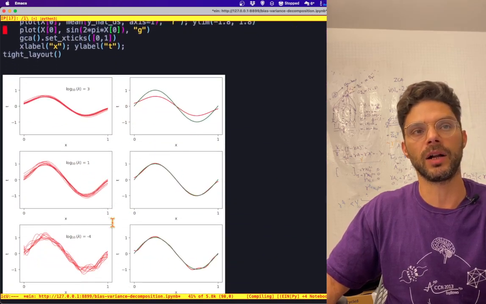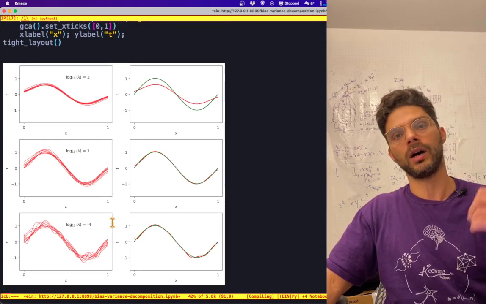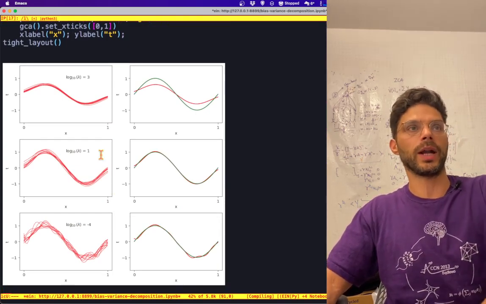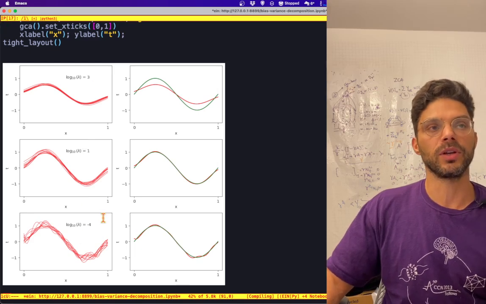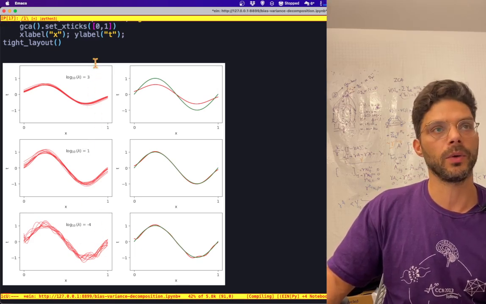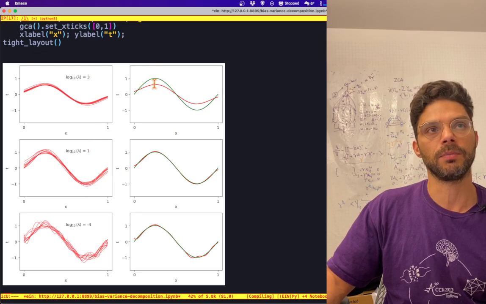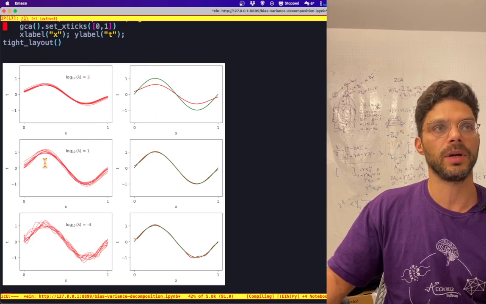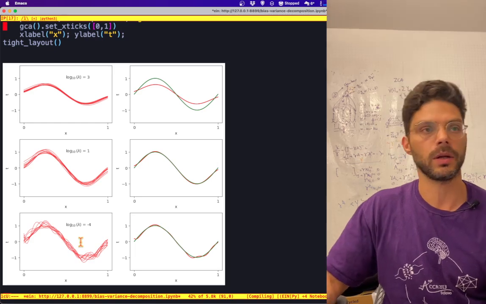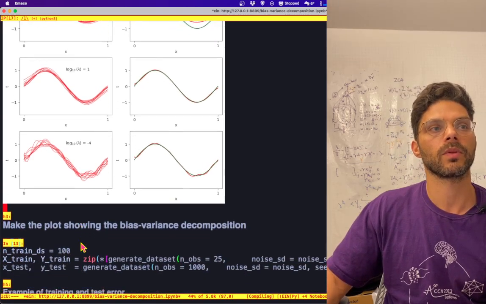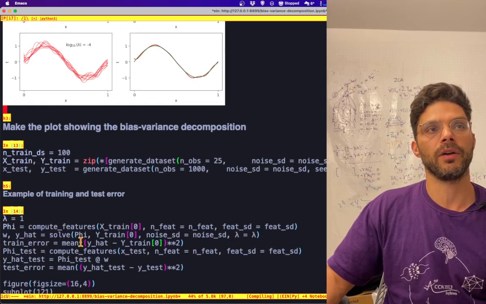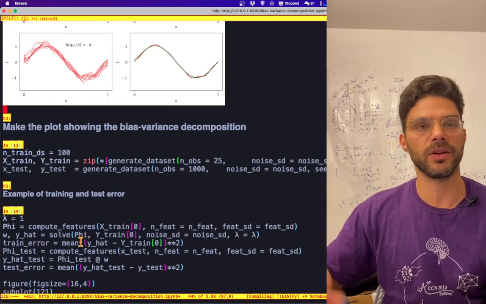With this we can plot our version of his first figure, showing what happens as we reduce the regularization. We can see the bias is decreasing, but the variance is increasing, just like what he saw. And now we can finally plot that bias variance decomposition plot.